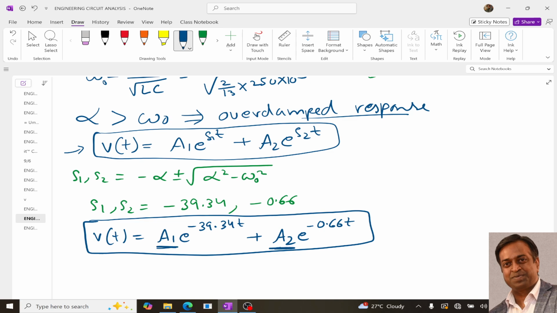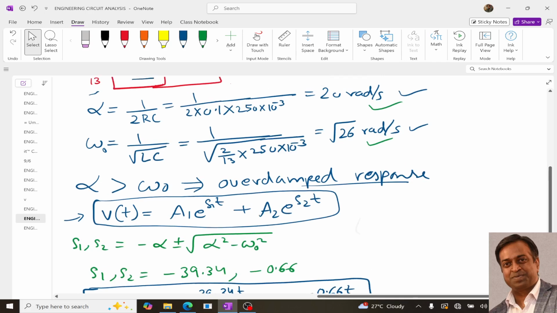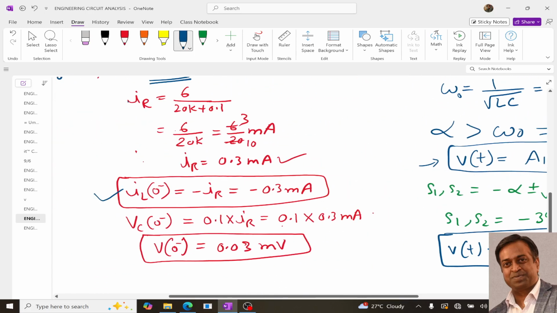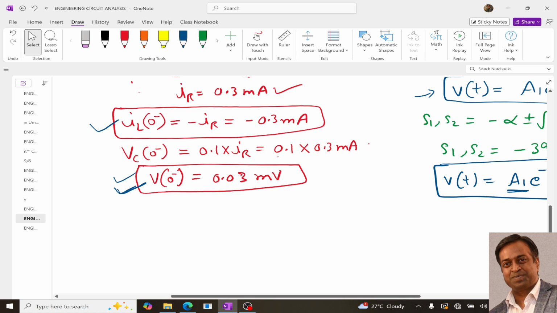These constants we will determine using the initial conditions. What are the initial conditions? These are the initial conditions. We know that the voltage at 0 minus is 0.03.